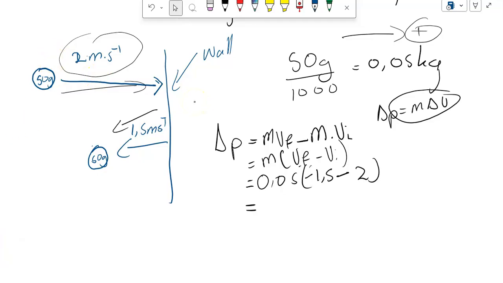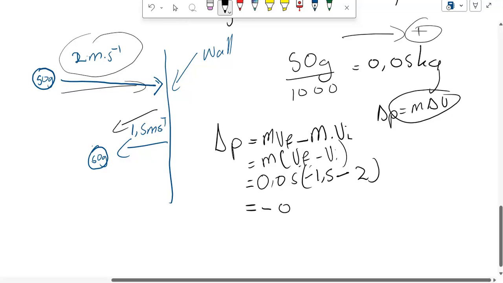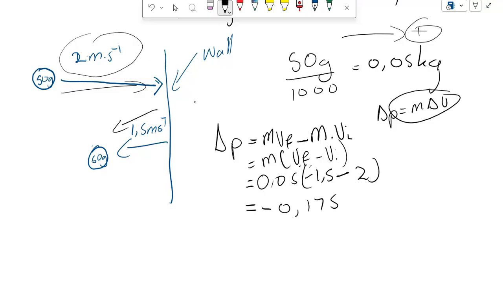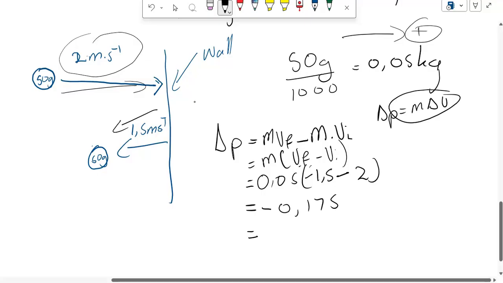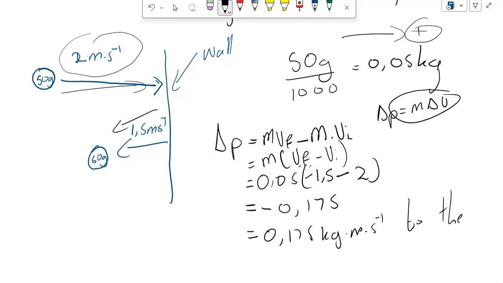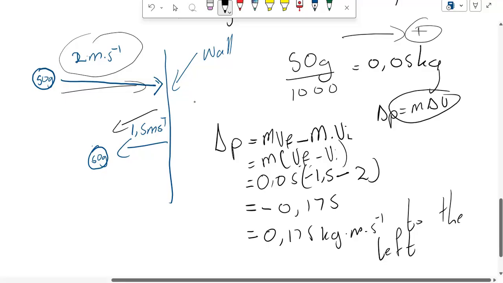The answer which I get is negative 0.175. But this is not your final answer. Remember, you have to have the magnitude and your direction. This negative sign is just indicating direction. Remember, I said right is positive. So since I got a negative answer, this is just going to be 0.175 kilogram meters per second to the left. And this is my final answer.